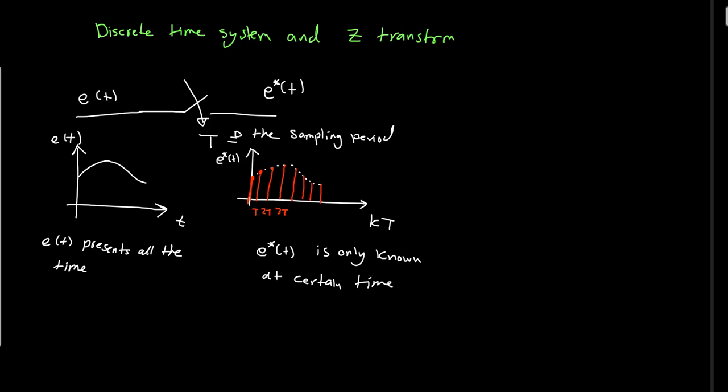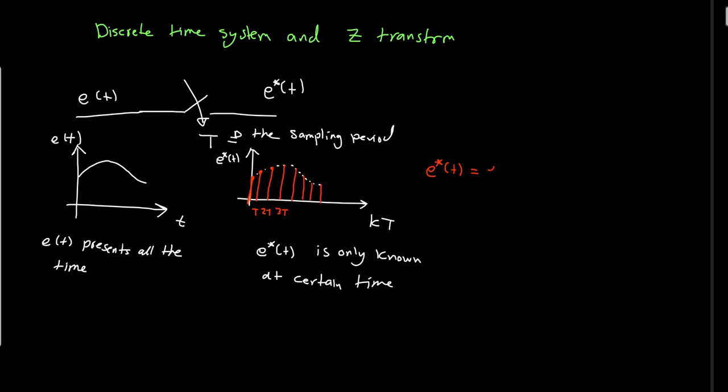So mathematically, if I need to represent the sampled signal E star of t, I will use the impulse function in order to represent it.